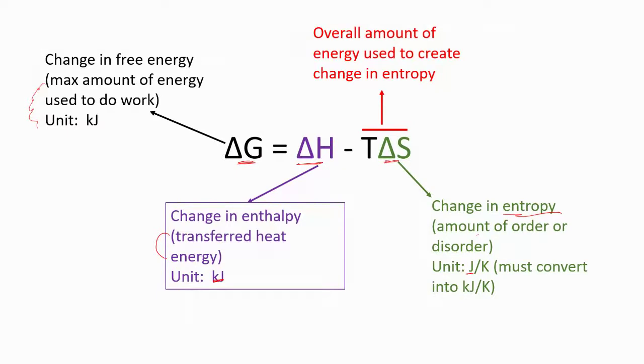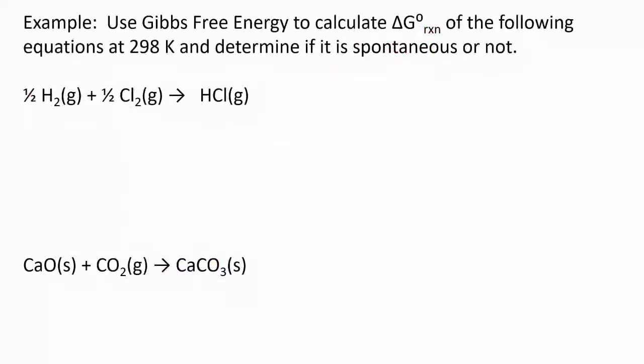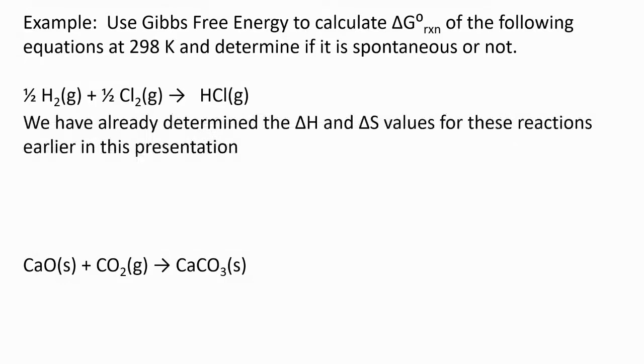Delta H is kilojoules and delta G is kilojoules. T is our temperature. All right, so if we were to take T times delta S, that is the overall amount of energy used to create a change in entropy. So let's use Gibbs free energy to calculate delta G of the following and then determine if these are spontaneous processes.